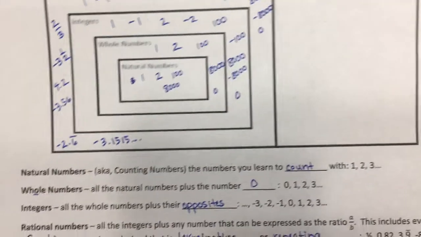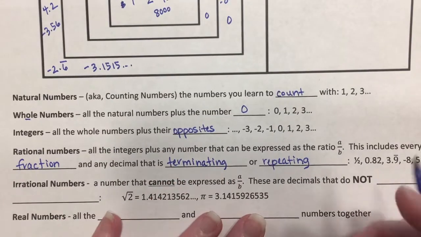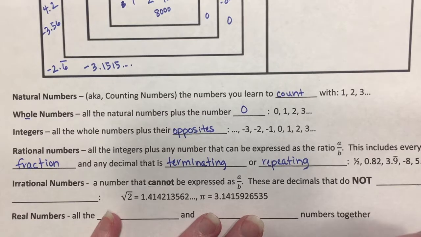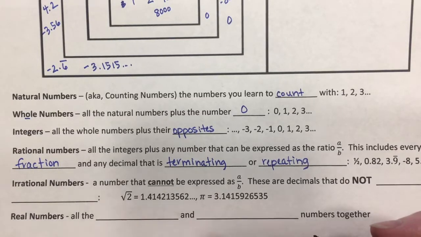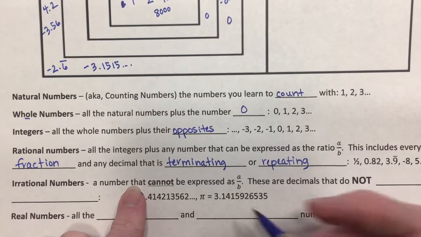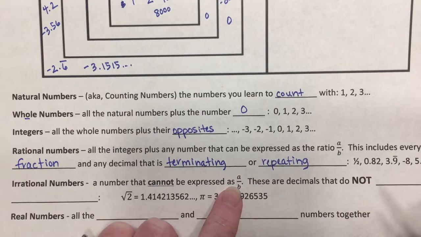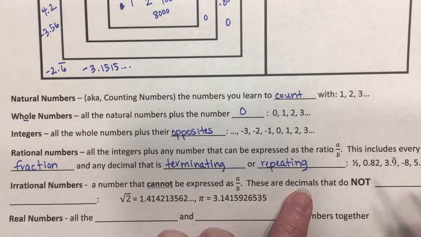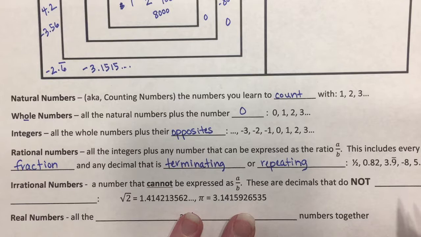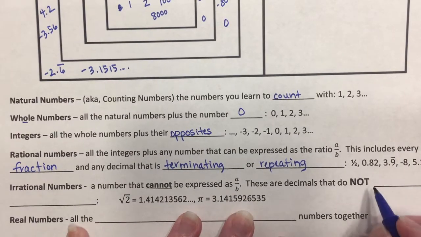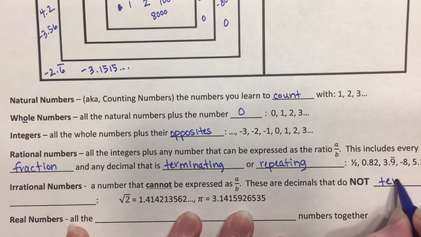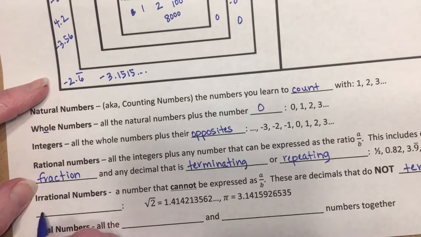The irrational numbers may be a new group that you haven't heard about before, but you have been working with them in this chapter. They're numbers that aren't expressed as fractions, but they are decimals. We've got the repeating and the terminating, but what we don't have are the ones that don't terminate, don't stop, but also don't repeat.